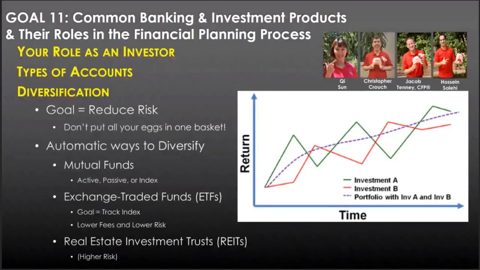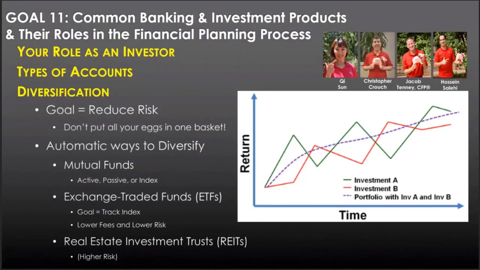mutual fund. And the exchange traded fund, which is called ETF, is very similar to the passively managed mutual fund. The goal is to track the index, track the market. Because there are not too many transactions, the ETFs have lower fees and lower risk.